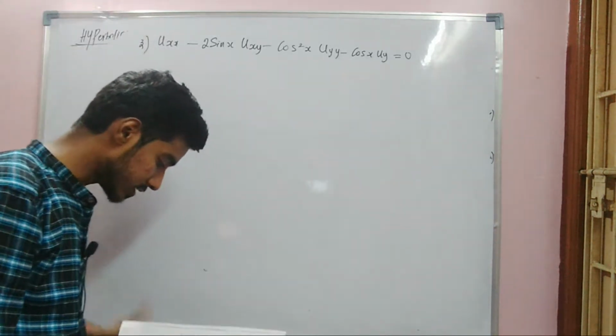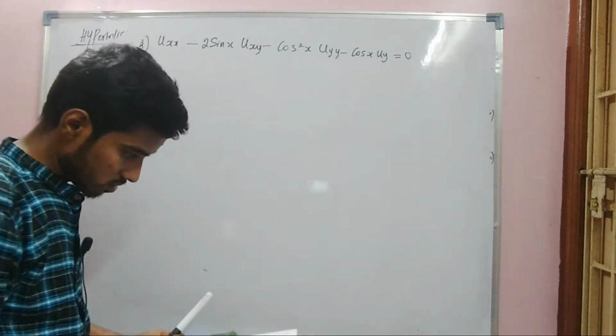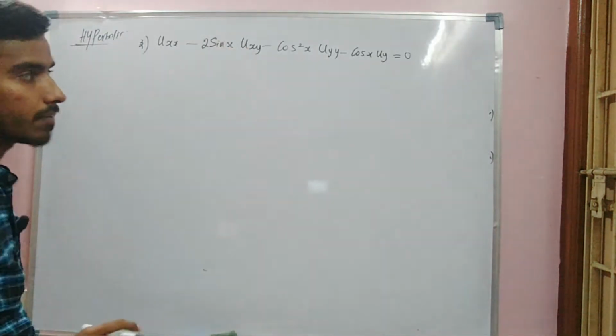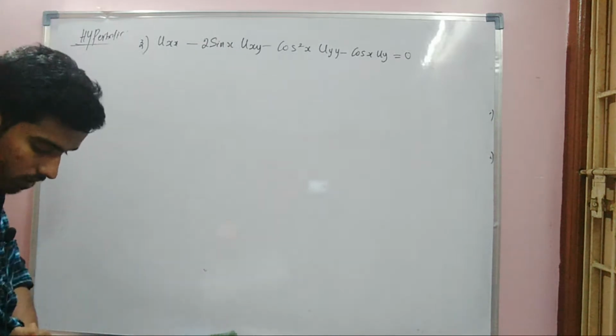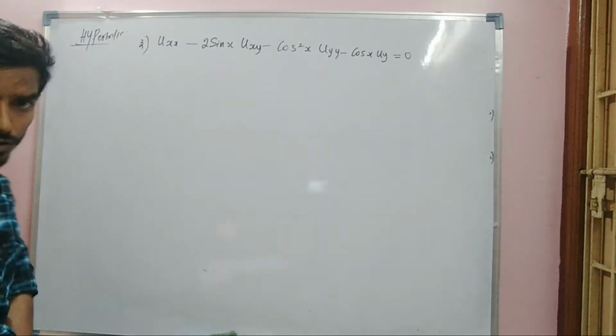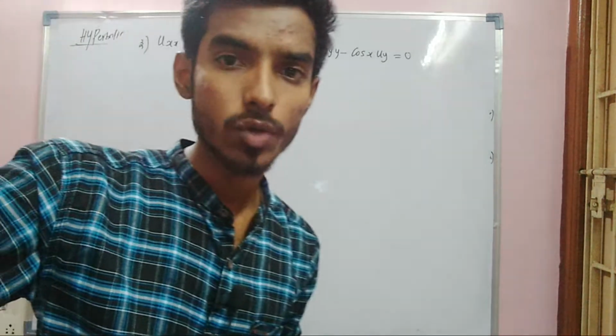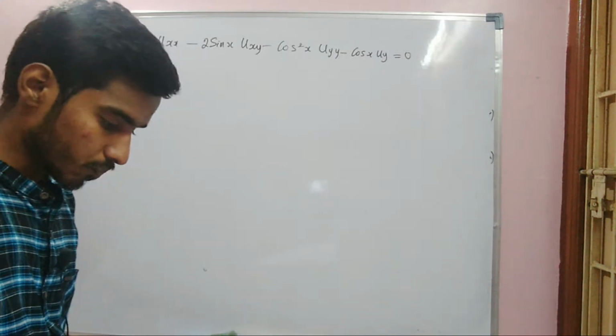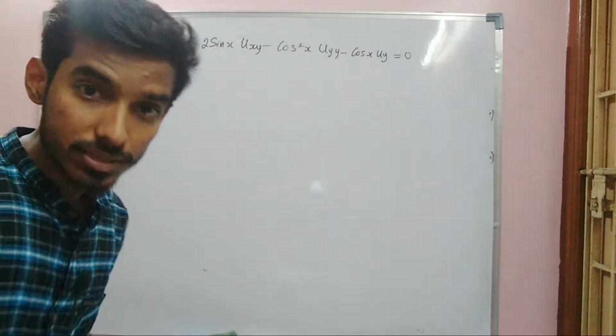So the characteristics are, so you can verify that it is hyperbolic. When you simplify this, you will have 4 sin square x plus 4 cos square x. Yes, exactly. The first characteristic is x plus y minus cos x.